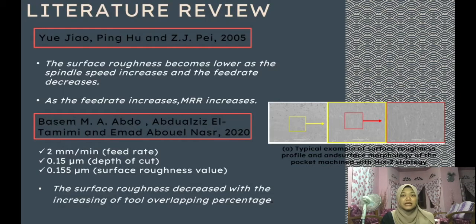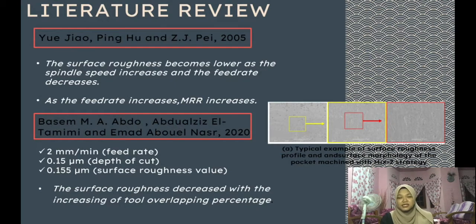Next up is a journal from Yu Jiao, Bmfu and ZJP published in 2005. They found that the surface roughness becomes lower as the spindle speed increases and the feed rate decreases. Lastly, Bassem M. A. Abdul Aziz Al Tamimi and Ahmad Abul Anas, for their journal in 2020 regarding the effect of tool overlapping parameters on the surface roughness, surface morphology, and the profile of the machined pockets.